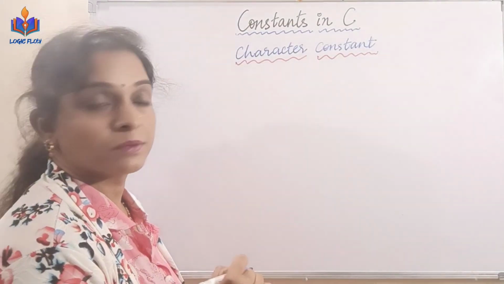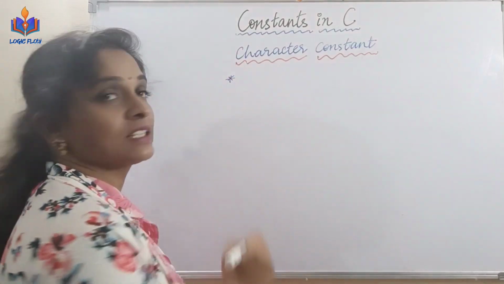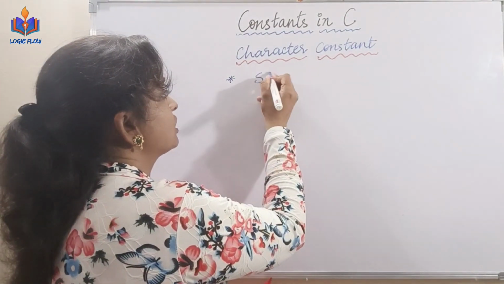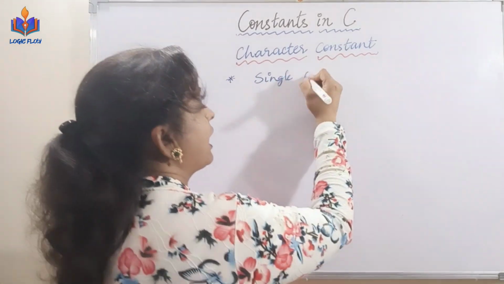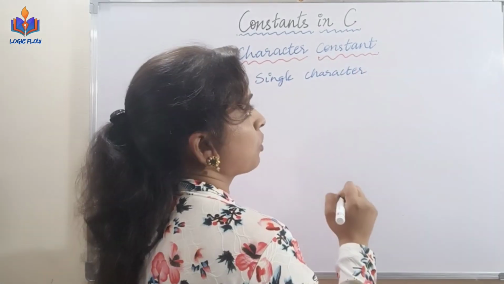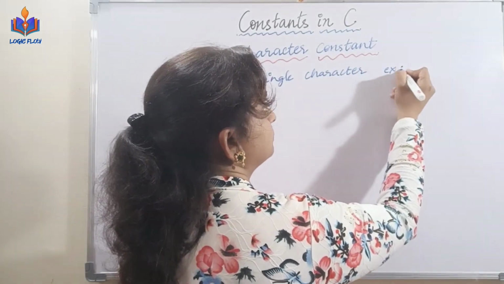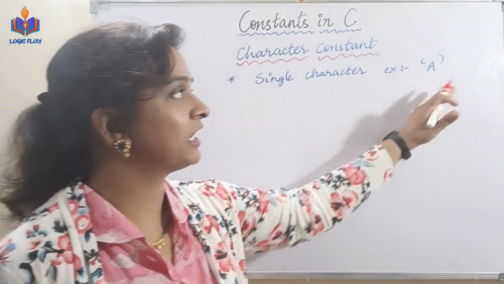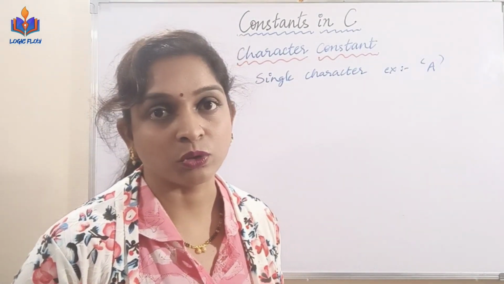Character constant. A character constant is nothing but a single character which is enclosed in single quotes. Say for example, 'y'. So this is a single character enclosed in single quotes.